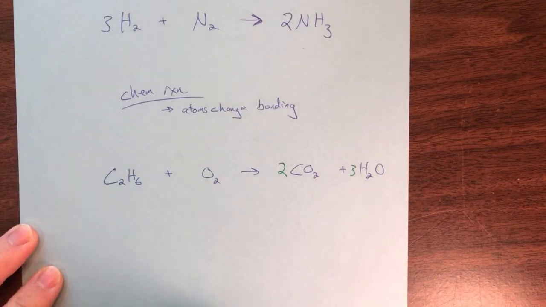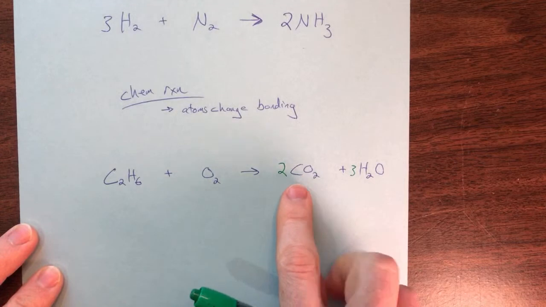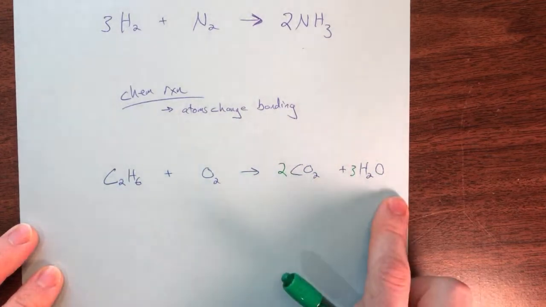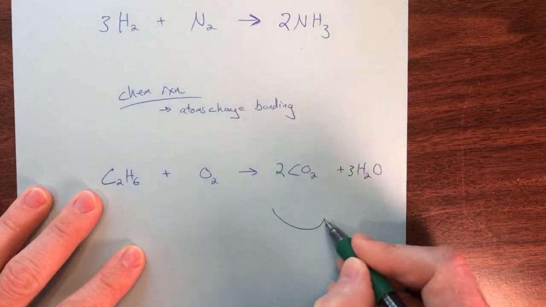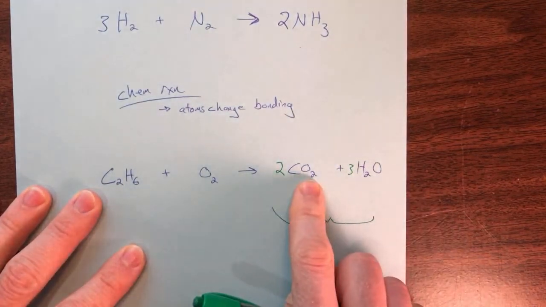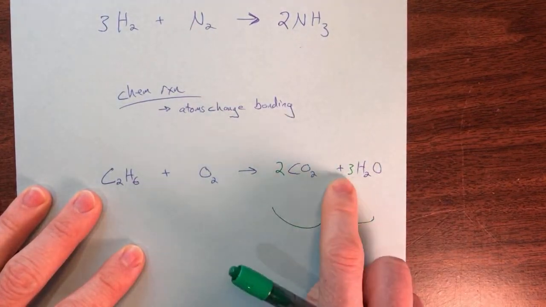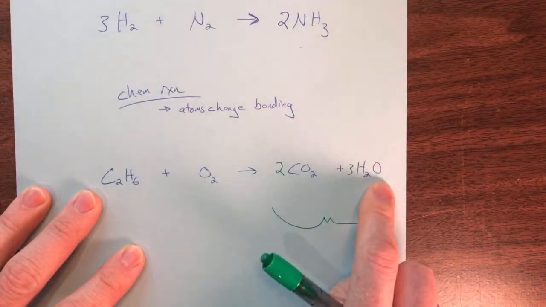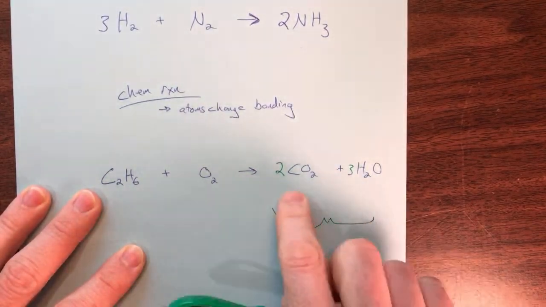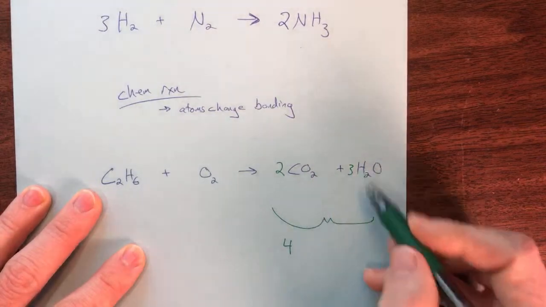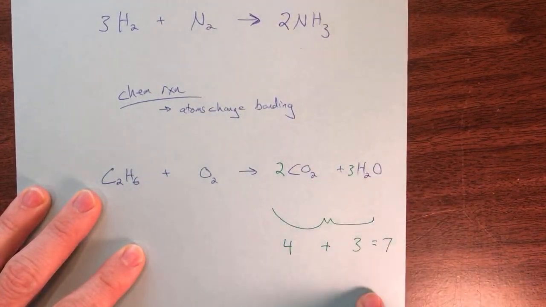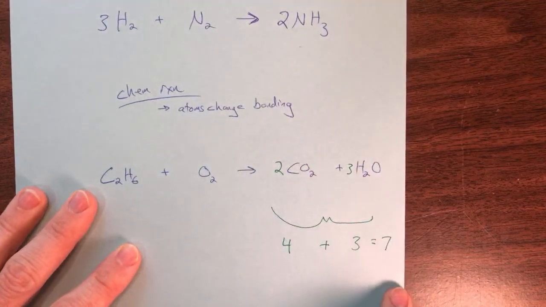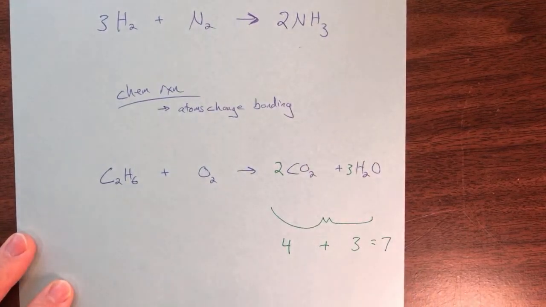Now, oxygen is a little trickier because we have oxygen in 3 different things. So what I need to do is I need to add up all the oxygens I have on the right side. So I have 2 times 2 is 4, plus 3 times 1 is 3. So there's 4 oxygens here, and there's 3 oxygens here, which means I have a total of 7 oxygens on the right side.